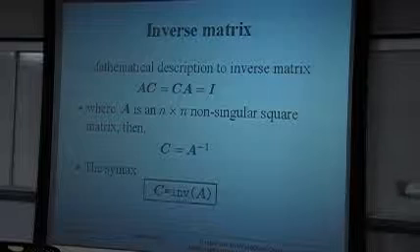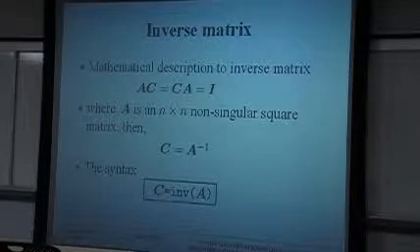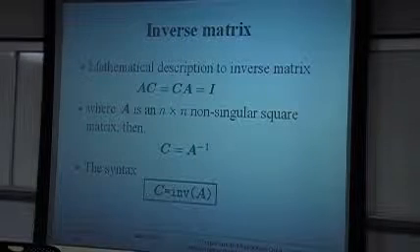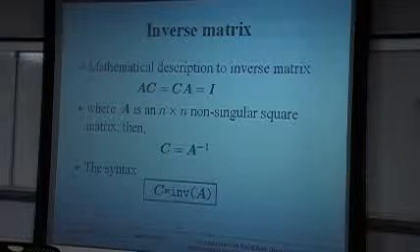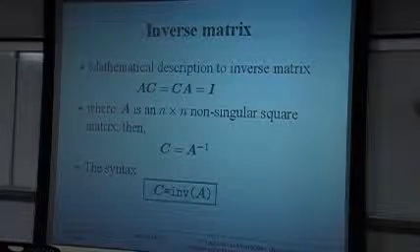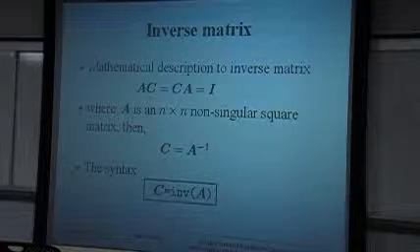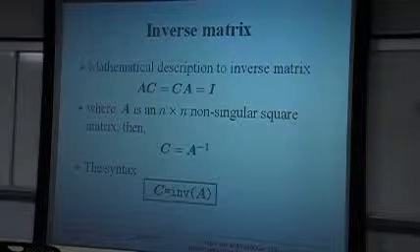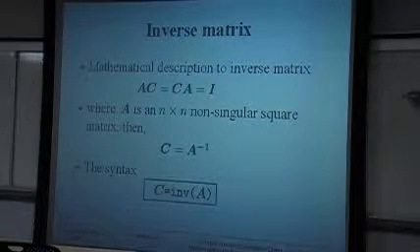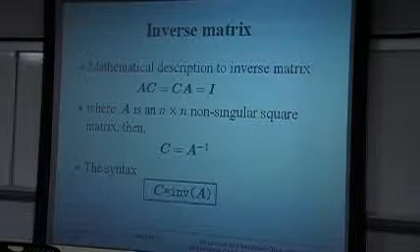For instance, you can have a matrix A here and append it with an identity matrix, and then by elementary transformation, you can convert this one to the identity matrix, and this part will be the inverse matrix.